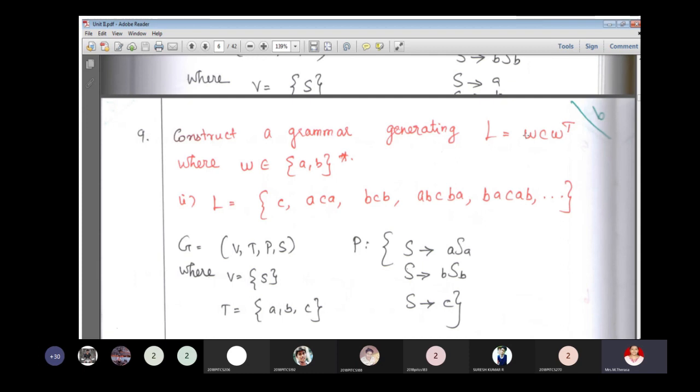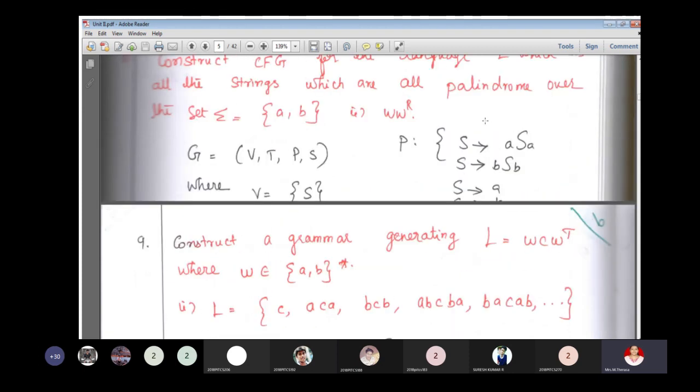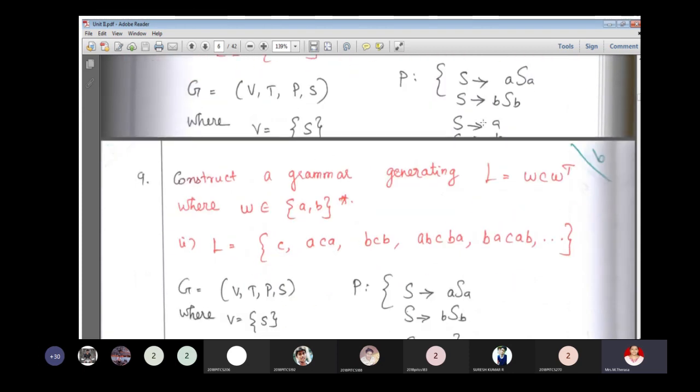Suppose you have w as a, then aca. If you have w as b, then bcb. Suppose you have w as ab, then abcba. Transpose or reverse. So how can we generate a grammar for that? The previous thing you can take as such, but in the middle you should have a c.